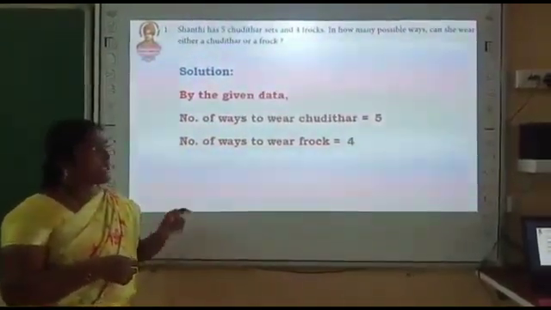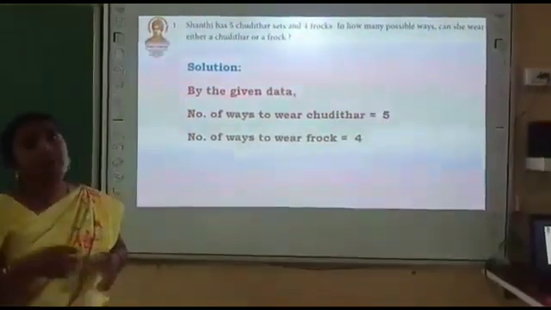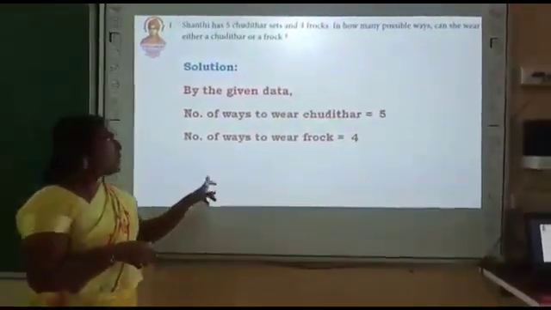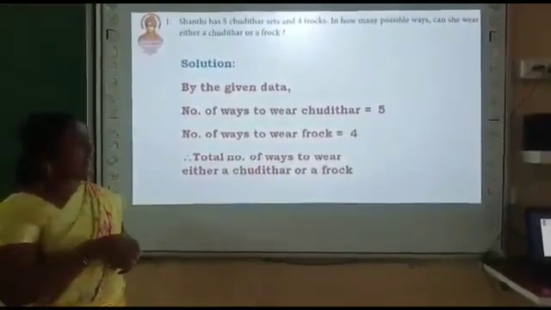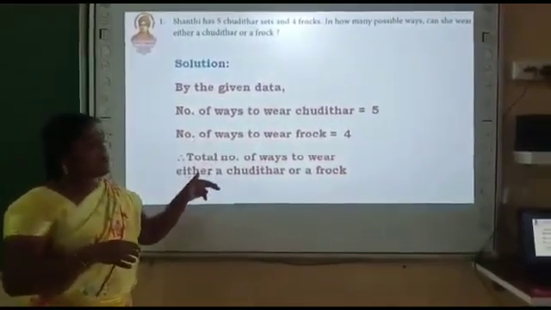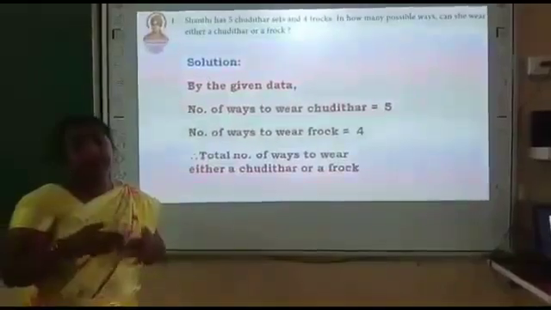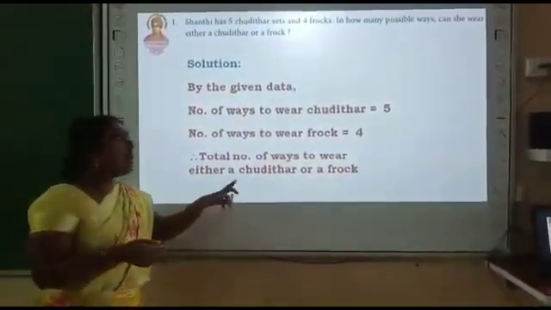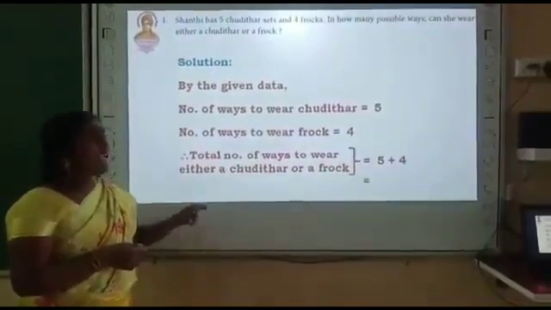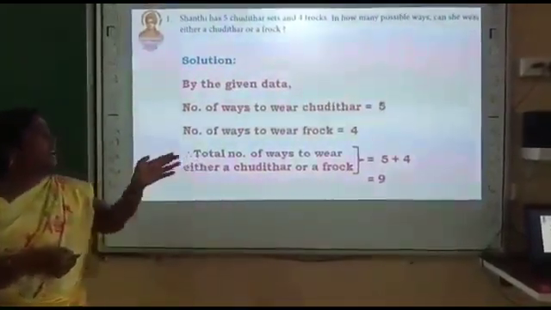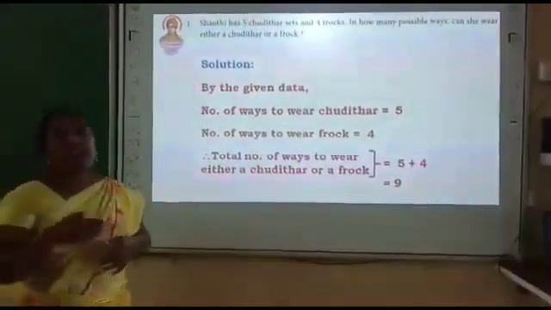Next, find the total number of ways to wear either a chudidar or a frock. You add these two, because these two are independent selections. So 5 plus 4, we get 9. This is the way to select either a chudidar or a frock.